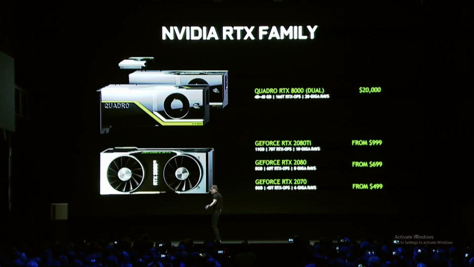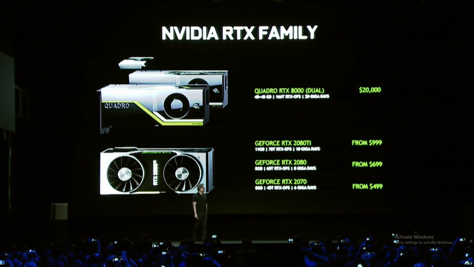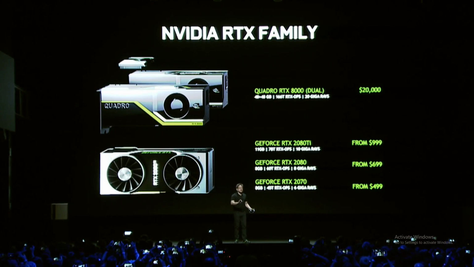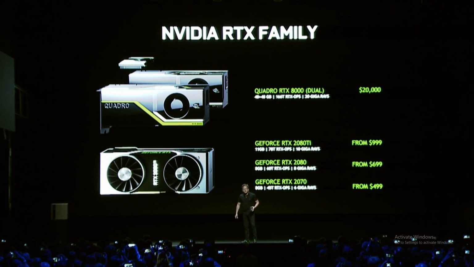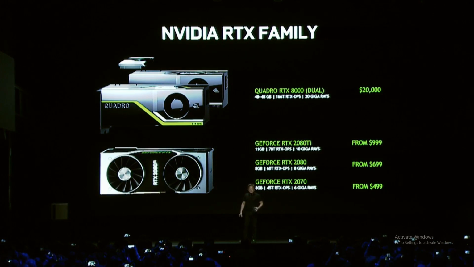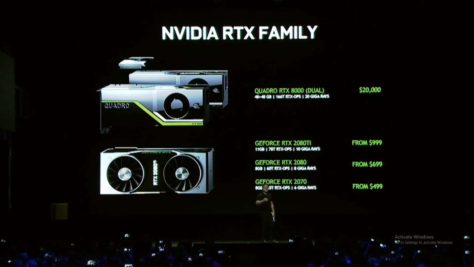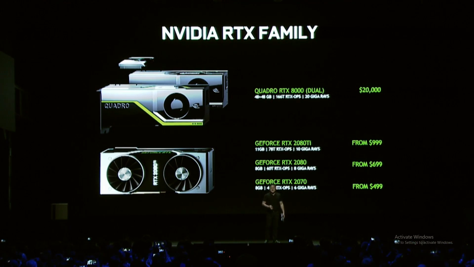Quadro RTX 8000. 2 GPUs connected by NVLink, turning it into one large virtual GPU. 96 gigabyte frame buffer, 166 trillion RTX operations. 166. That is basically 16 Titan X's in one PC.